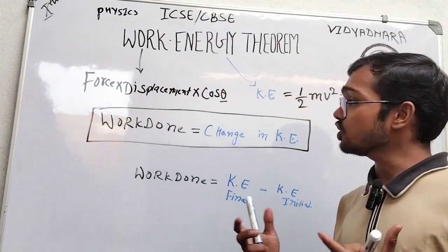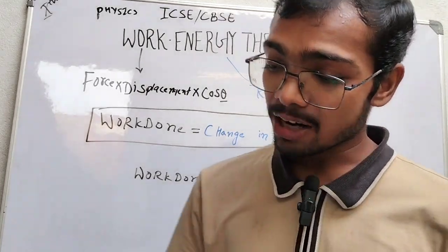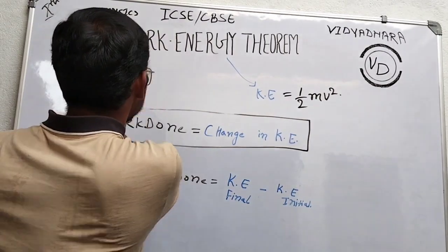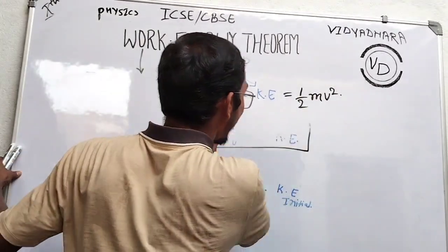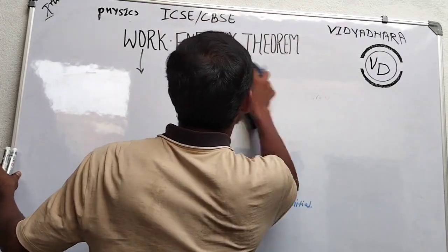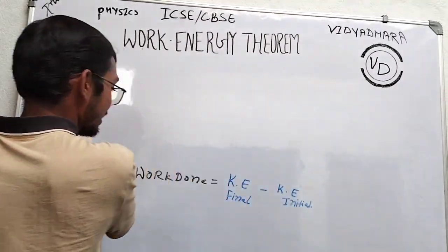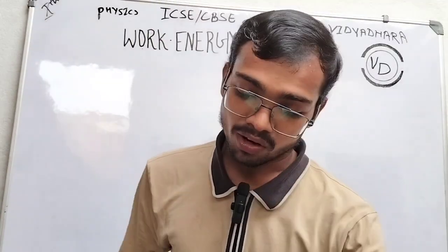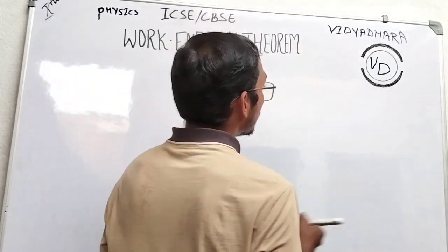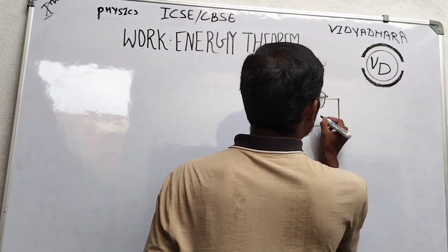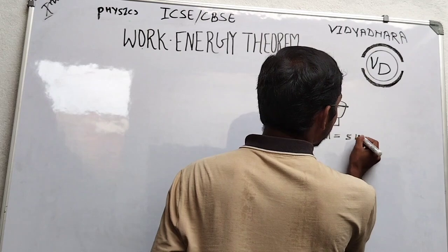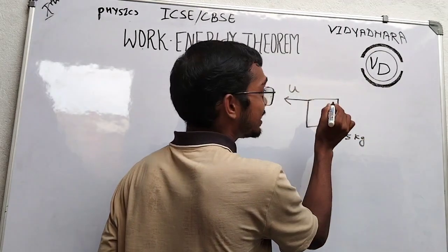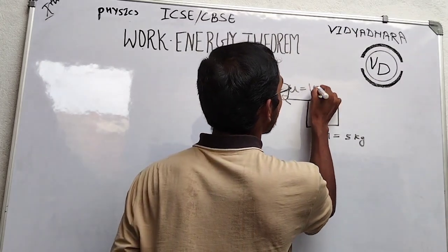Let's take an example as a numerical. Work done is change in kinetic energy: kinetic energy final minus kinetic energy initial. I am taking a block of mass 5 kg, initially moving slowly. u is the initial velocity, let's take 10 meters per second.